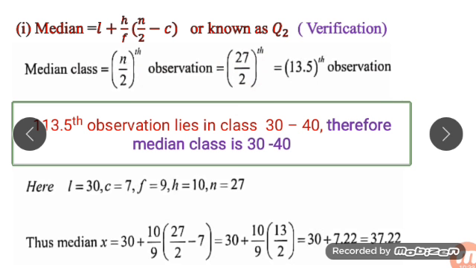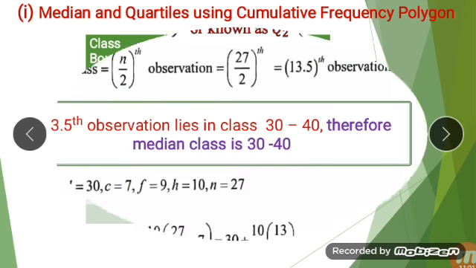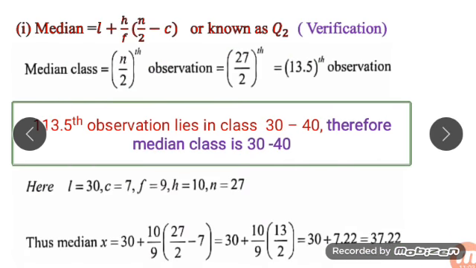Now we are supposed to find the 13.5th observation lies in which class, and this can be done with the help of cumulative frequency. So therefore we have made the column of cumulative frequency. We can see that in first class we have 2 values, in the second class we have 7 values, and in third class we have 16 values, and we are supposed to see that 13.5 lies where.